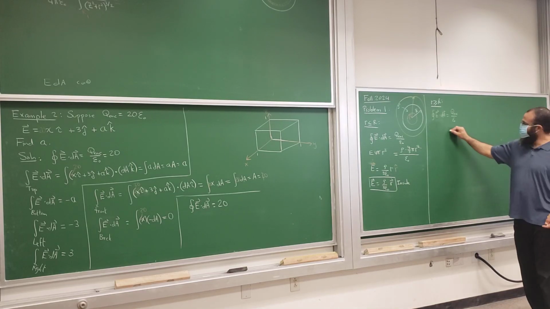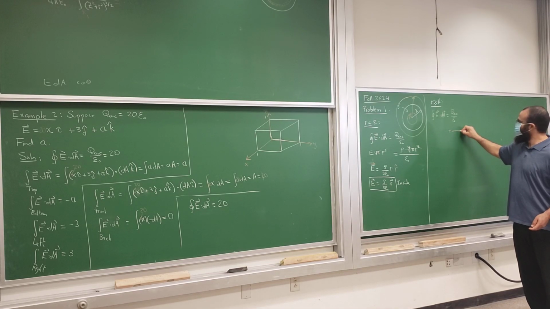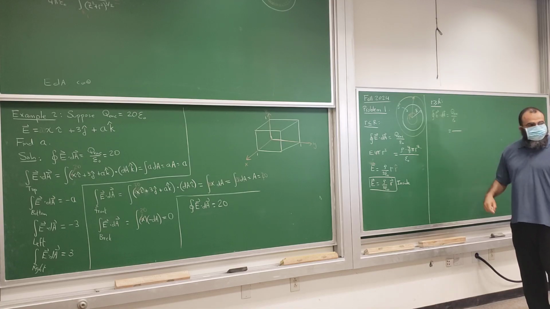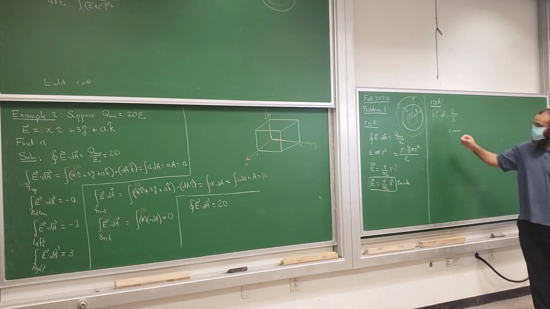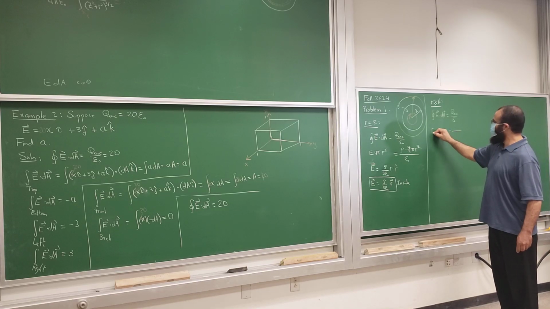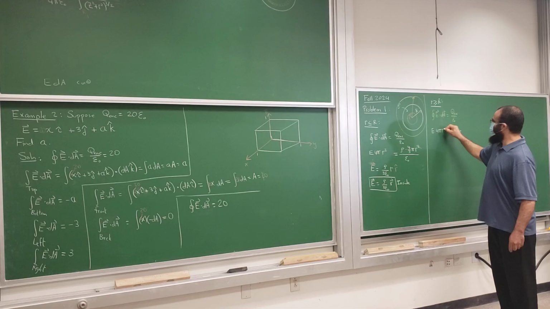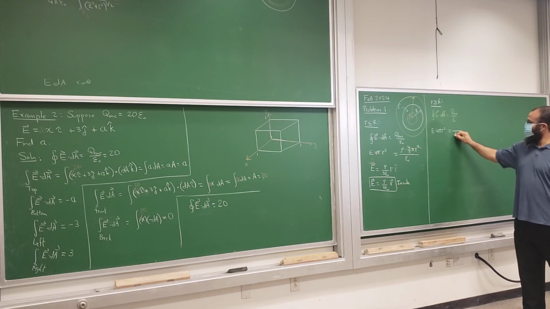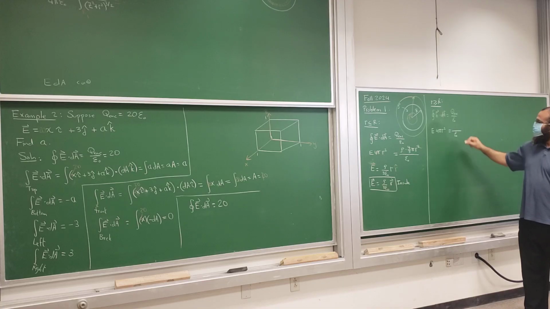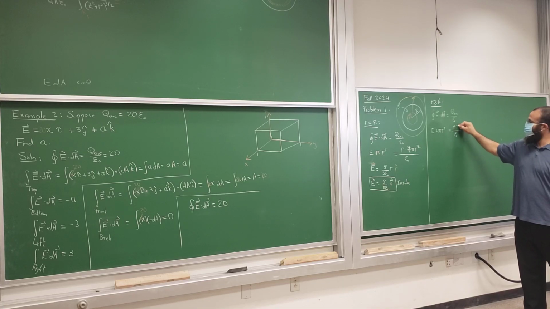Okay, so same drill. What is E dot dA? What does it become? EA. And so that's E times what? 4 pi little r squared, right? Over epsilon naught. So now Q enclosed is rho times 4/3 pi what?